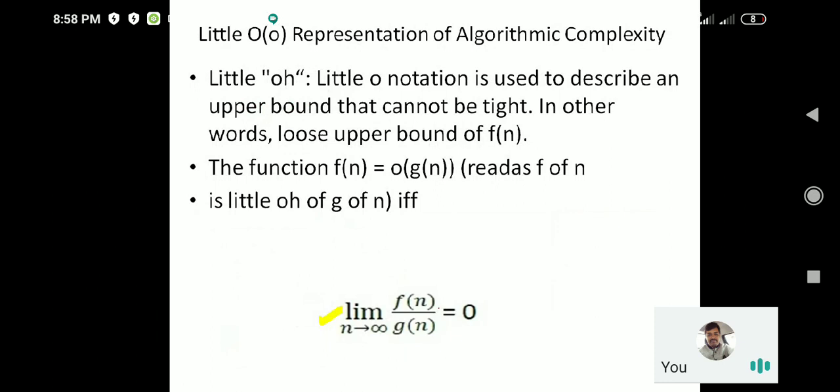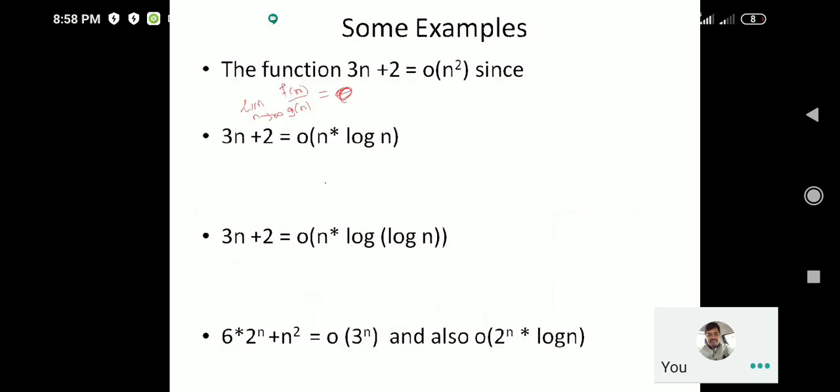So as the value of n tends to infinity, this output must be 0. F of n is given as 3n plus 2, and I have to choose some g of n such that the numerator becomes very much less than the denominator as n tends to infinity.